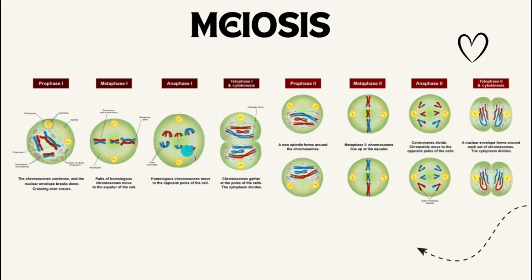Then in anaphase, they're pulled to opposite ends of the cell. And then in telophase and cytokinesis, the nuclear envelope is going to reform, chromosomes become decondensed, meaning they're less visible now, and obviously the spindle fiber is gone, and the cell creates a little pinch, like splitting into two, right?